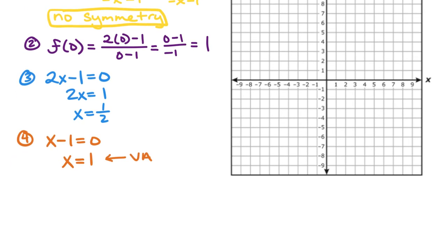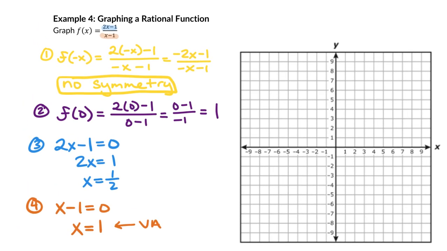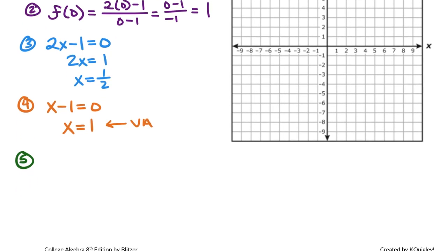For number 5, it's going to be talking about the end behavior or the horizontal asymptote. So if we look back at this equation, it's in fully factored form, so we're doing pretty good. Is this Bobo, Botten, or Betsy? Betsy, because it's the same degree on top, 1, as the degree on bottom.